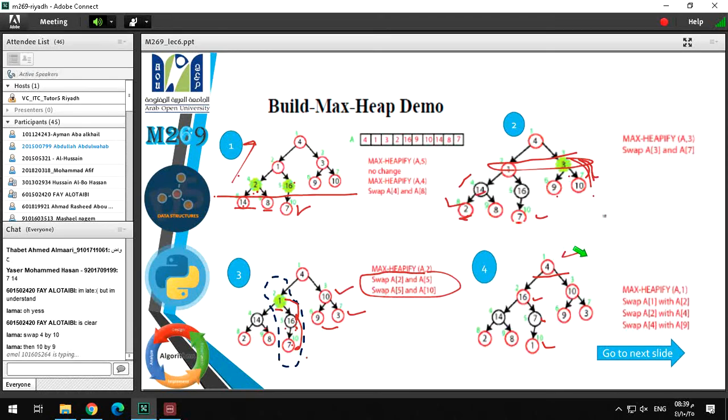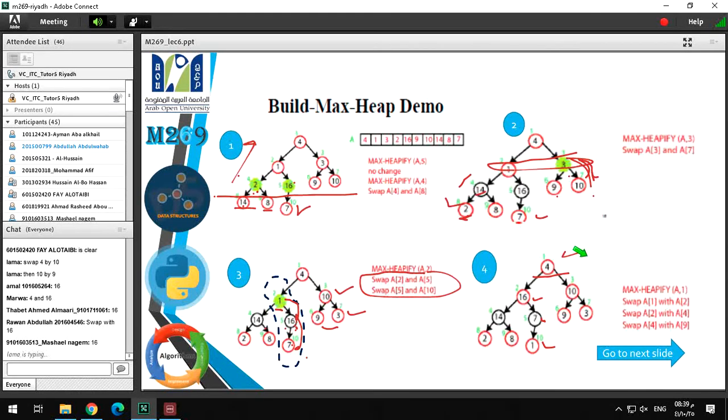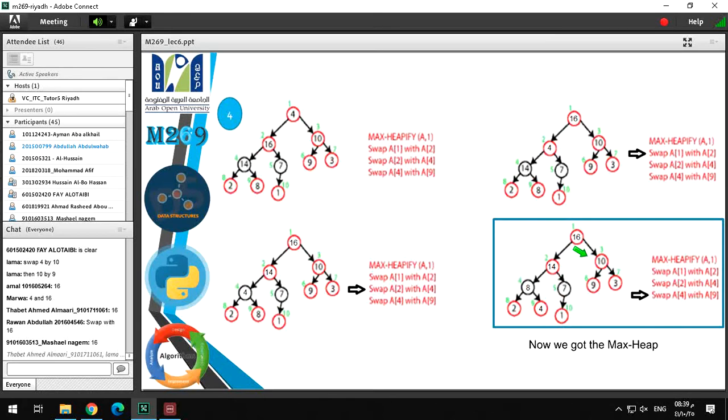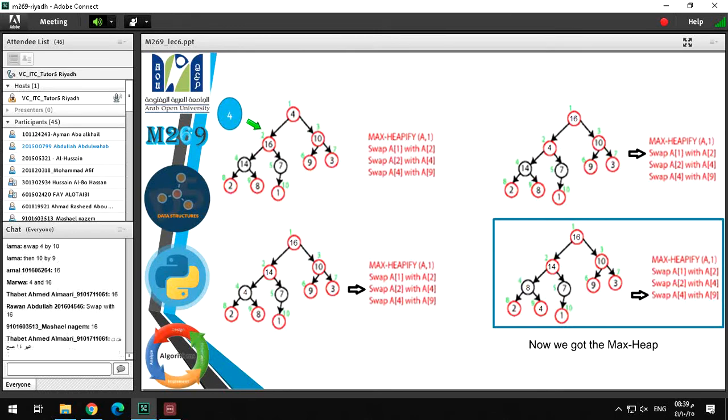4 with 10? Are you sure? 16. Yes, correct. So 4 is going to be replaced by 16, and 1 replaced with 2, but 2 does not fit here. Again, another swap. Where is it going to be swapped? 16, 4, he doesn't fit with 4, right?